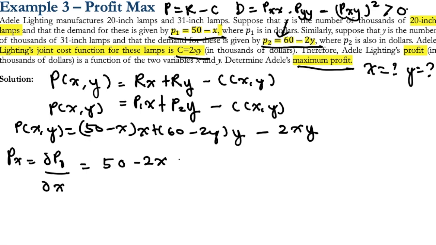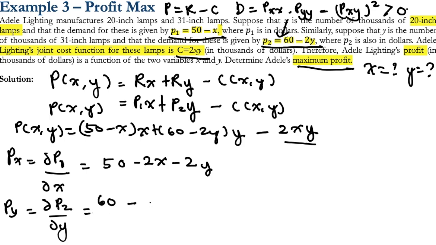And then minus 2Y, because we differentiate this with respect to X, we get 2Y, isn't it? For Py, it can also be denoted as delta P2 over delta Y. So we're going to have 60 minus 4Y, isn't it? From here, okay?